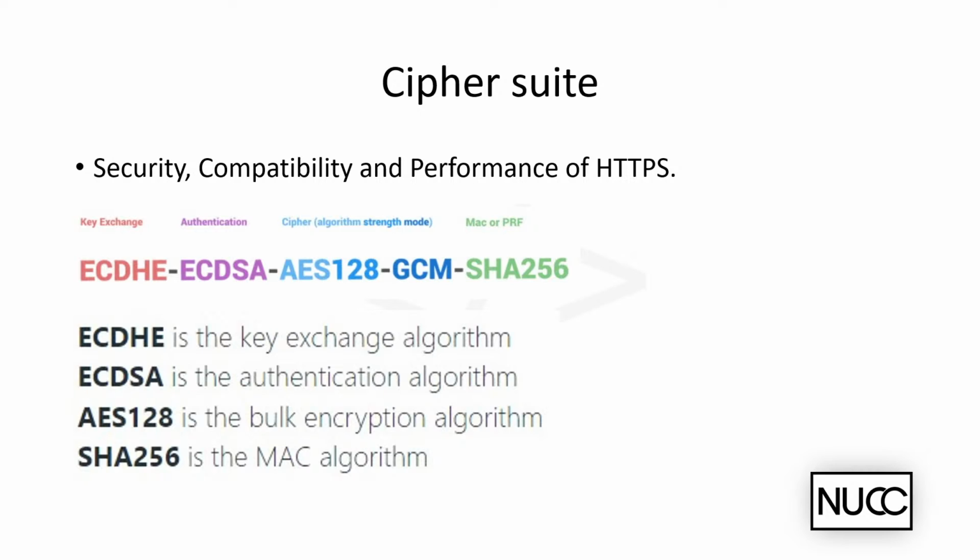Basically, CipherSuite is used for HTTPS communication. So CipherSuite defines the performance, the compatibility, and security of your HTTPS. HTTPS is known as a secure connection compared to HTTP, which is nowadays being got rid of as fast as possible, and the majority of websites are going to HTTPS.